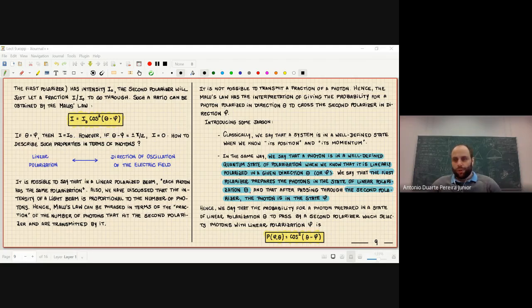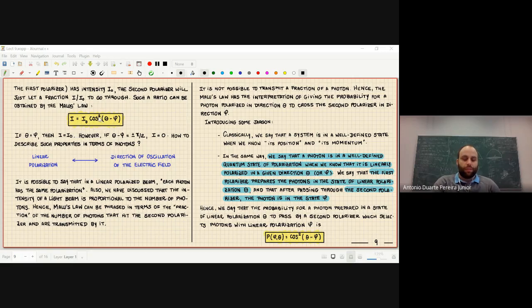So we started the discussion by treating light as an electromagnetic wave, and we have seen that if you place two polarizers, one after the other, the intensity of light after the first polarizer with polarization theta is given by I naught, and the intensity of light after the second polarizer with polarization phi is given by I, and I and I naught are related by this expression here.